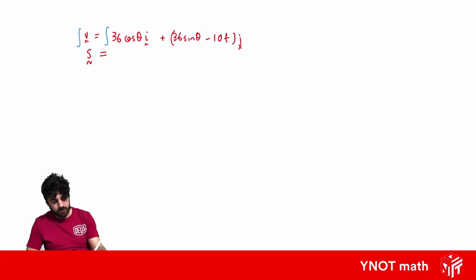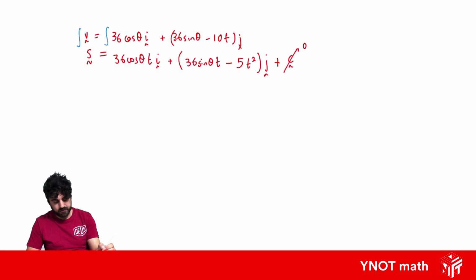Now the integral of 36 cos theta with respect to time is 36 cos theta t i plus integral of 36 sine theta with respect to time is 36 sine theta t minus, well, we can add 1 to the power here because it already has a t, and divide by the power, so we're going to get minus 5t squared j plus our constant vector. And we saw before, when we launch off the ground, that constant vector goes to 0. So that's our final equation for our displacement.